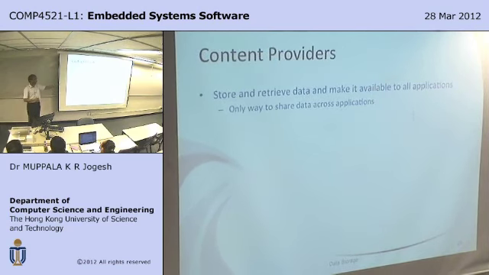And that is enabled by making use of the content provider method of providing. So this allows you to store and retrieve data and make it available to all applications. And this is the only way you can share data with other applications.